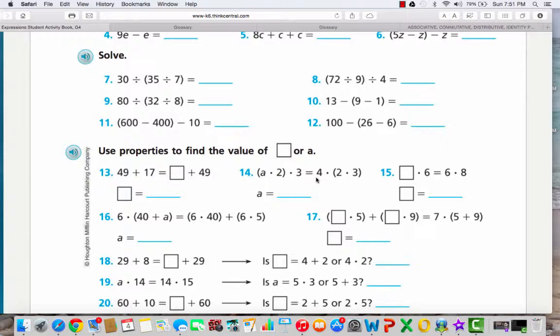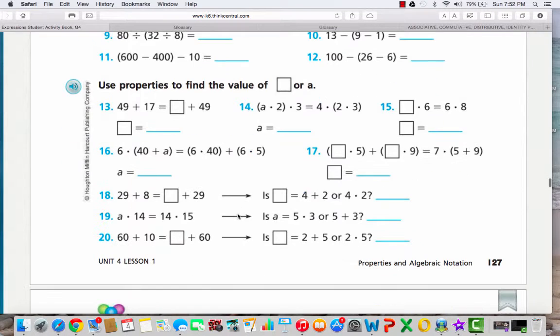Okay, so take a look at 15, 16, and 17. Remember, there's a symbol or a variable, meaning this symbol is going to equal something, or this variable is going to equal something. If there's an equal sign, whatever is on the left-hand side should be represented on the right-hand side. This one might be a little bit tougher because it says 6 times 40 plus A. You have to do the math.